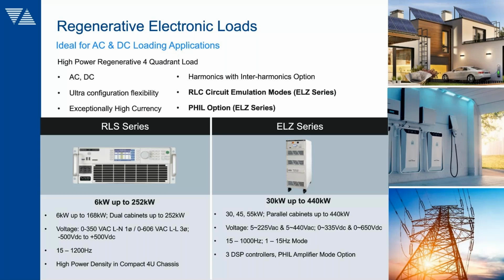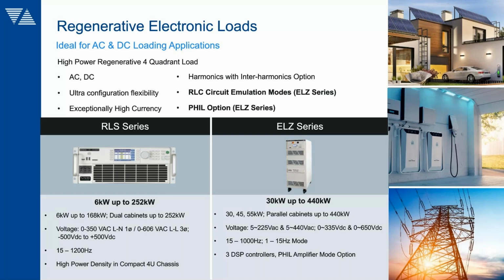The ELZ is a cabinet system, so it's its own rack. It comes as small as 30 kilowatts and up to 55 kilowatts in one rack, or you can parallel up to about 440 kilowatts by having multiple units in parallel. Voltage ranges are a little higher on this unit. There's dual range: you have either 225 on the low range or 450 volts line to neutral on the high range.